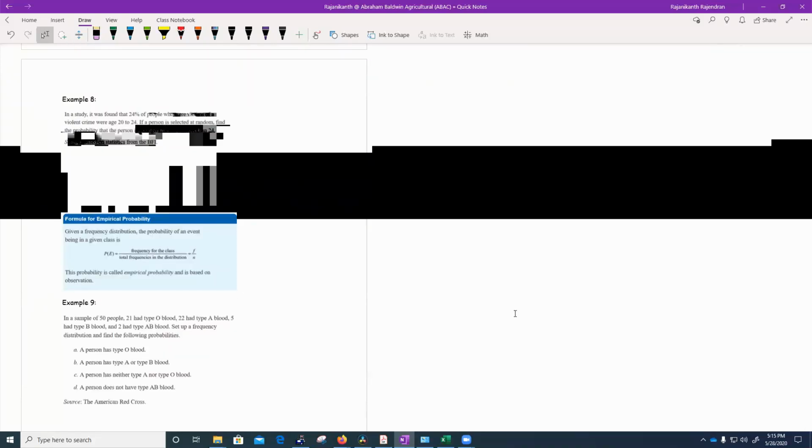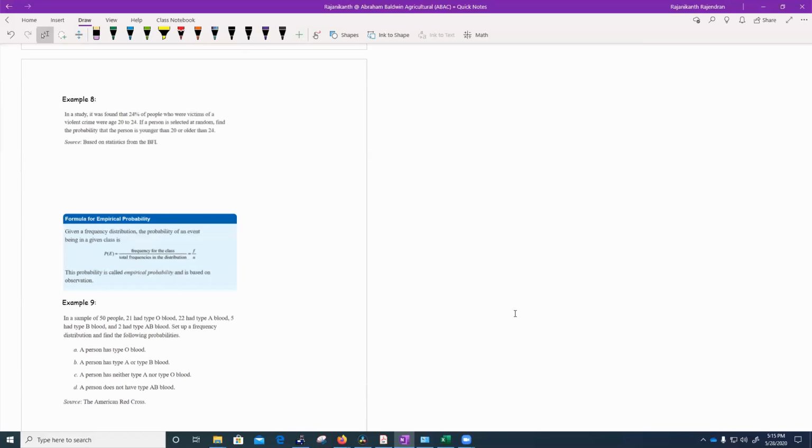Let's look at this problem. In a study, it was found that 24% of people who were victims of a violent crime were aged between 20 to 24. If a person is selected at random, find the probability that the person is younger than 20 or older than 24. Now, if you look carefully at the given probability, there is a 24% chance that the victim's age was between 20 to 24.